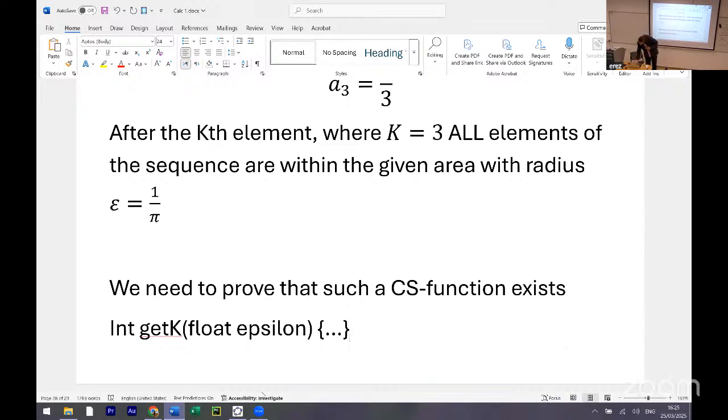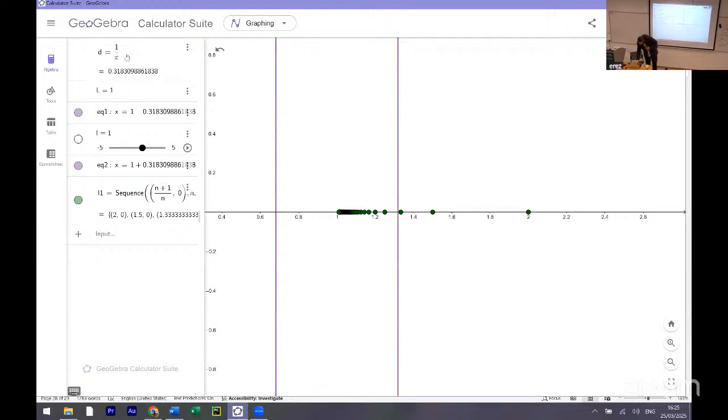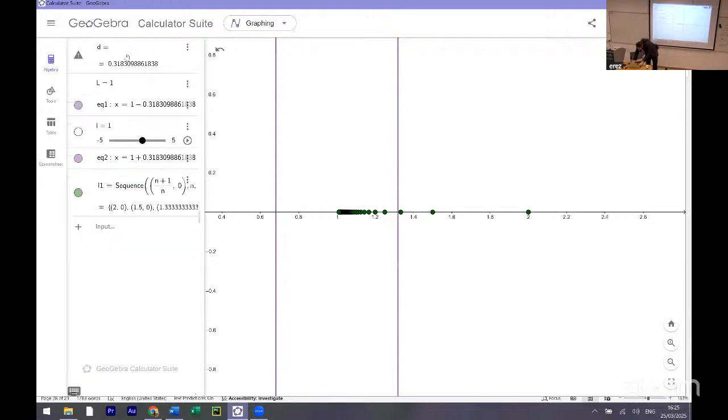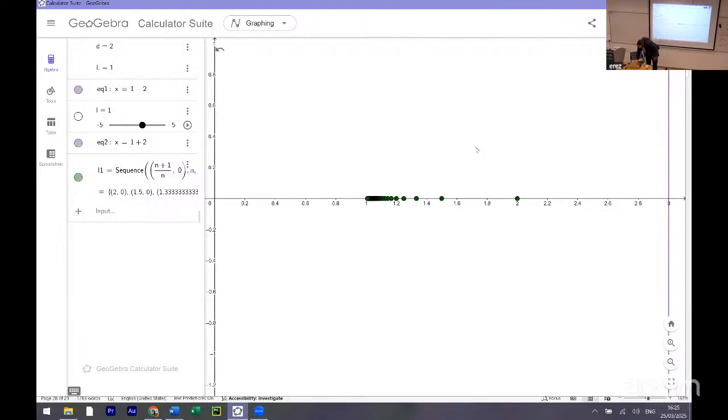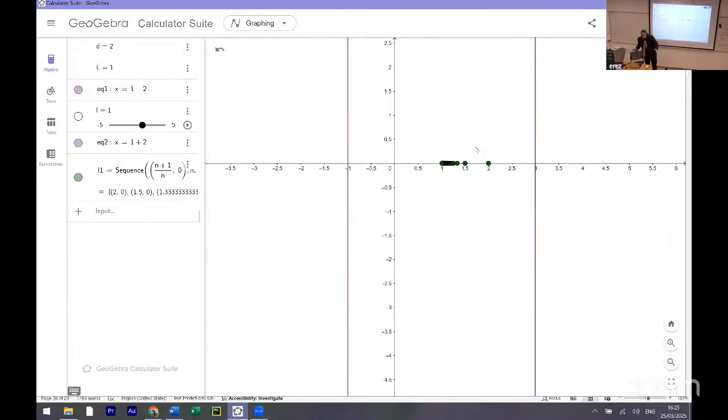Why? Because for large epsilons, say 2, if you take a large enough radius, then all of the elements are within it. And I could take a different limit.